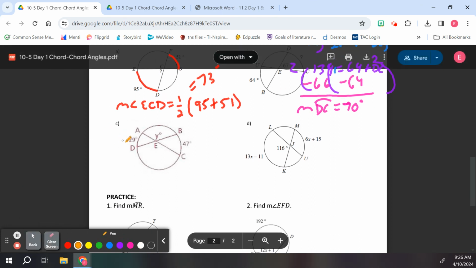All right, let's take a look at C. In this case, they're not asking you for these angles. They're asking you for this other one. So the process still applies. We're going to have to find that angle first. So the measure of angle BEC is equal to 1/2 times 29 plus 47.